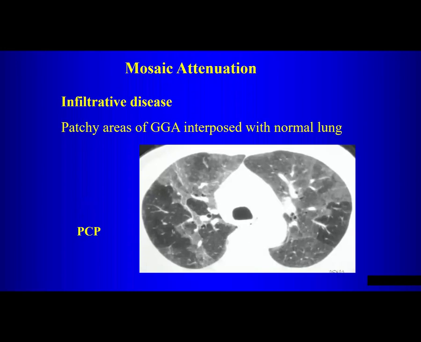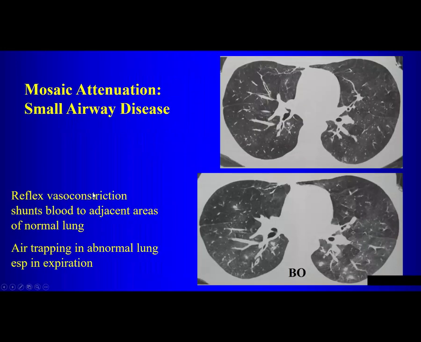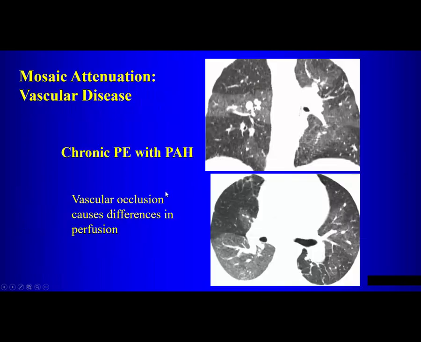And if you do expiratory views, you should not see air trapping, okay? As opposed to small airway disease. So here we do see the mosaic perfusion, the smaller blood vessels, and then on expiratory views, the air trapping is accentuated. And then we saw cases of chronic PE, which can also give you mosaic perfusion.